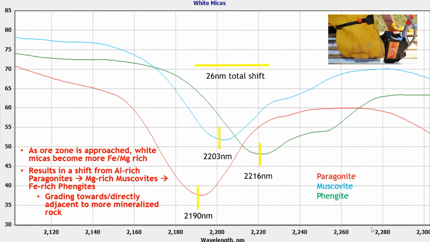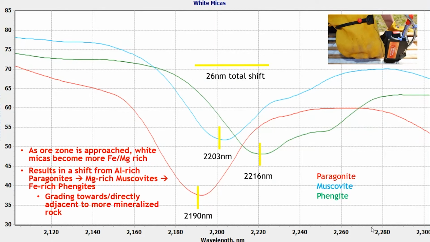With respect to white micas, distinctive changes in the architecture of the spectral signatures are going to reveal this shift from more aluminum-rich paragonitic white micas, with the key absorption feature located at 2190 nanometers, into muscovite, which is centered at 2203 nanometers, and finally terminating into that aluminum-poor, iron-rich phengitic mica centered at 2216 nanometers.